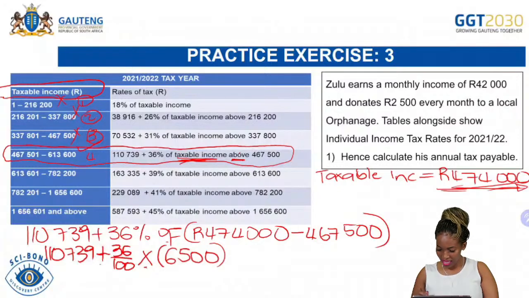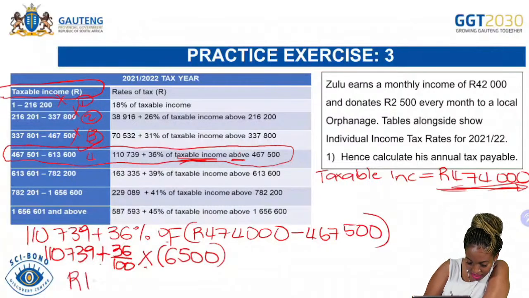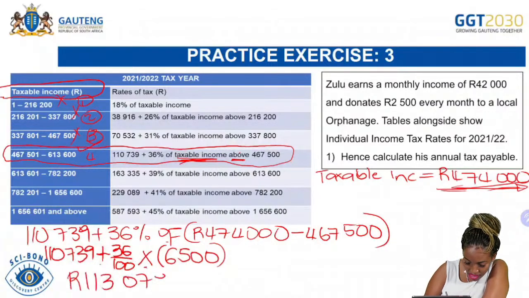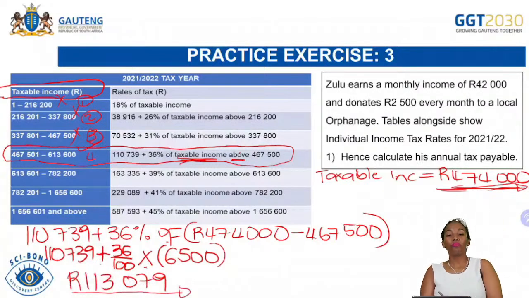Plus 110,739. And then I'm getting 113,079. Remember, this is the tax that Zulu would be paying.